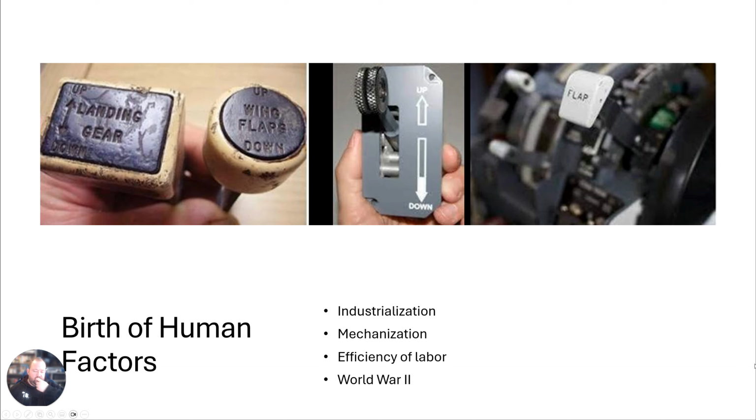Now looking at the birth of human factors. This won't have necessarily a direct analog into HCI, but it's an important exercise in interface. So the big push for human factors was in air warfare in World War II.